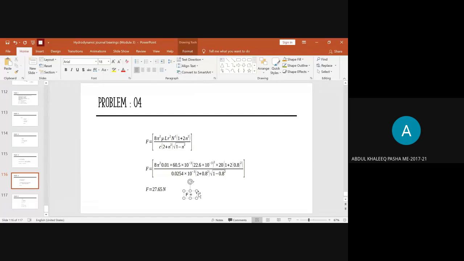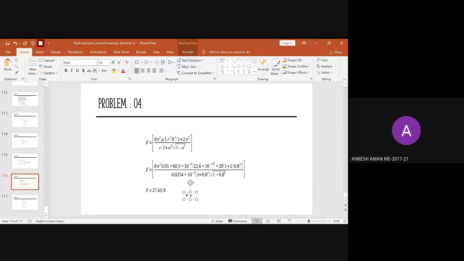Abdul, your number is written at the end, but I'll call your name first. Abdul, present. Akhil KV, yes, ma'am. Anil Kumar is absent. Ankesh Aman, yes, ma'am. Gautam Krishna, yes, ma'am.